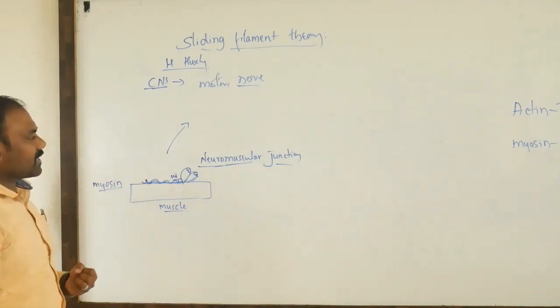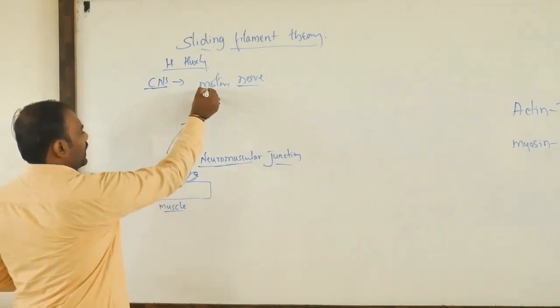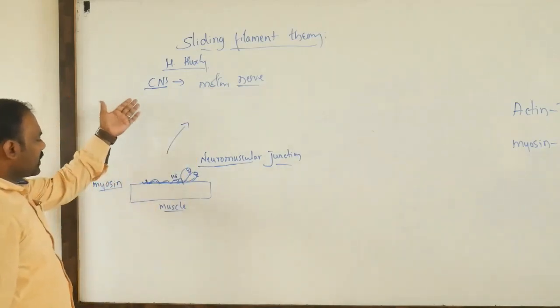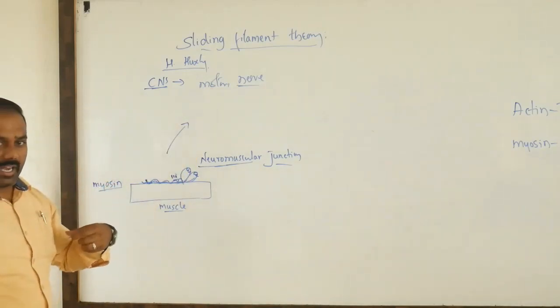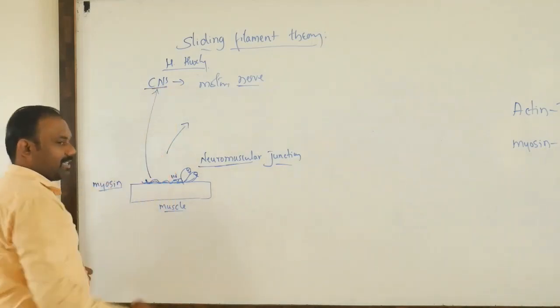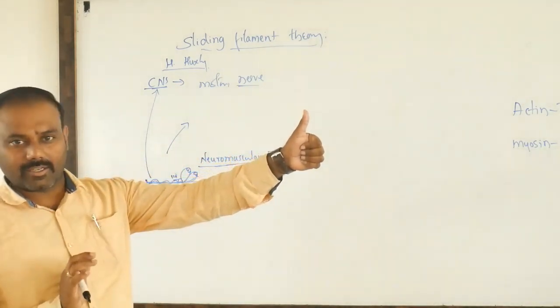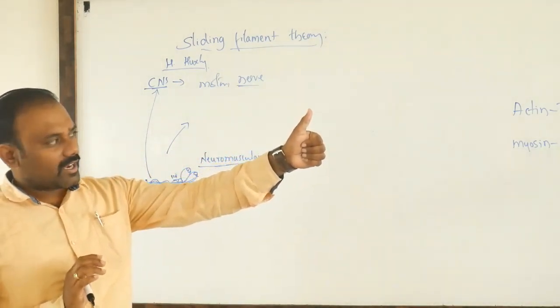So before understanding this concept, I would like to tell you something. Before sending this information from the CNS to muscle, first we need to send the information to the central nervous system. Yes or no? Here this particular thumb is in the resting state. Now I start contracting.